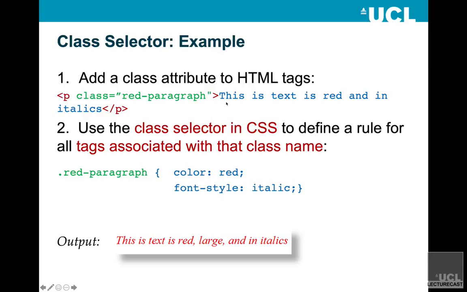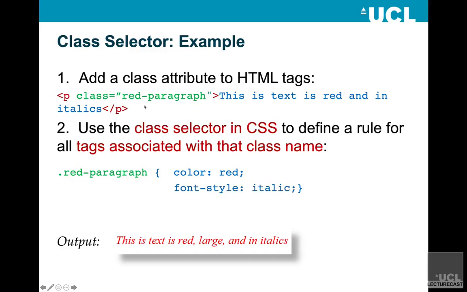It's a simple paragraph. It contains a little piece of text. As you can see, it says this text is red and in italics, but it also has got this attribute class added to the p tag itself.